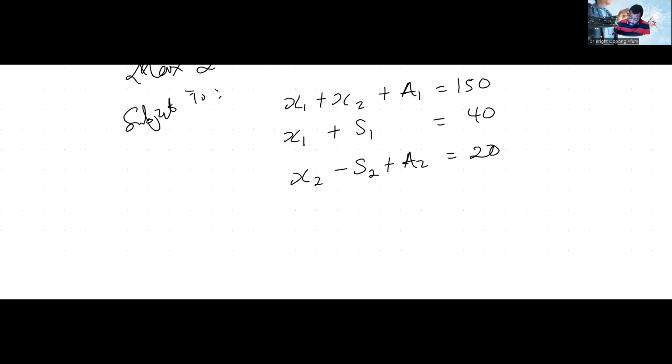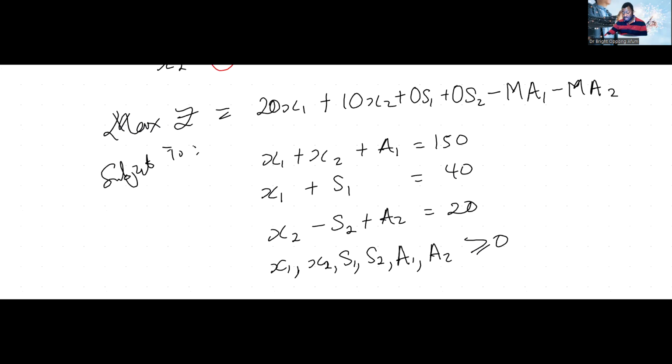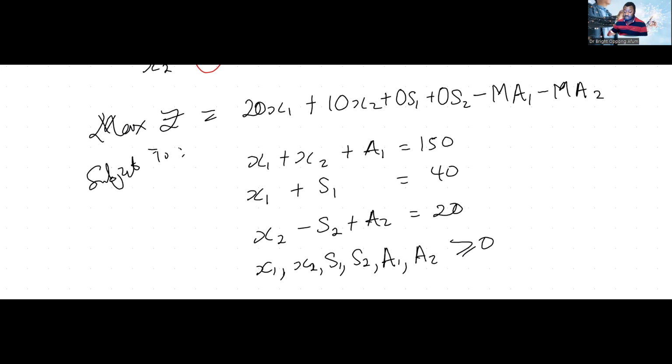And because we have introduced new decision variables, all of them, x1, x2, s1, s2, a1, a2, must satisfy the non-negativity rule. So this is the transformed model.